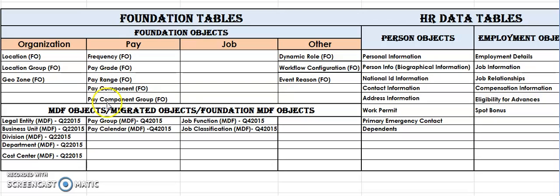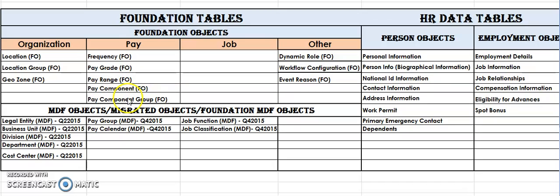The next object is pay component group. Here we define the components, the various additions or deductions of the particular pay, based on the grade and range.